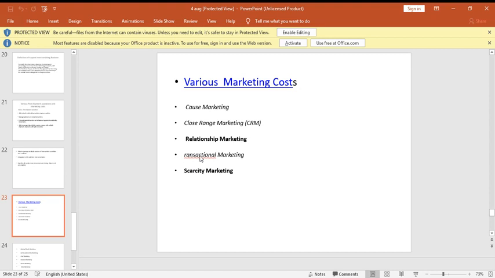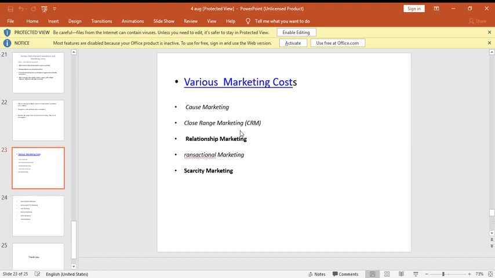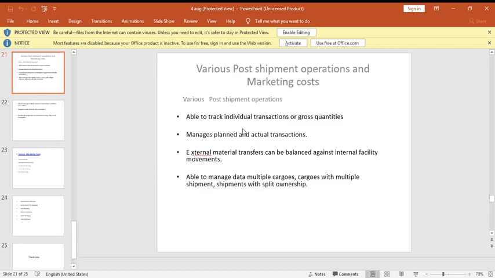Then scarcity marketing, word of mouth marketing, call to action CTA marketing, viral marketing, seasonal marketing, online marketing, email marketing. So these are the various post shipment operations and marketing costs.